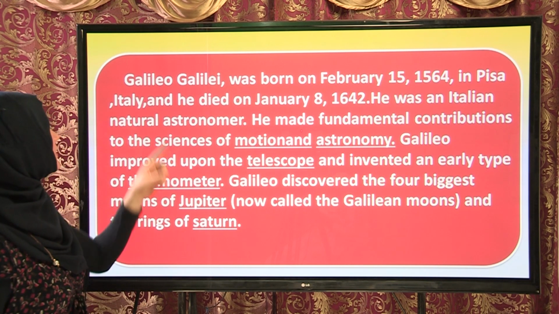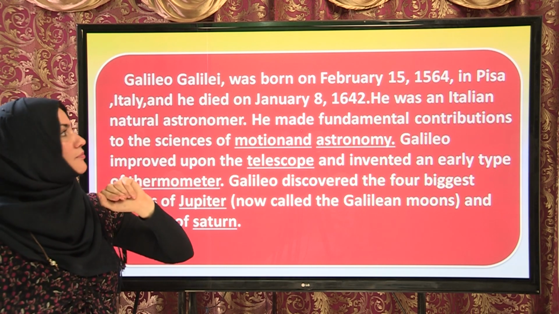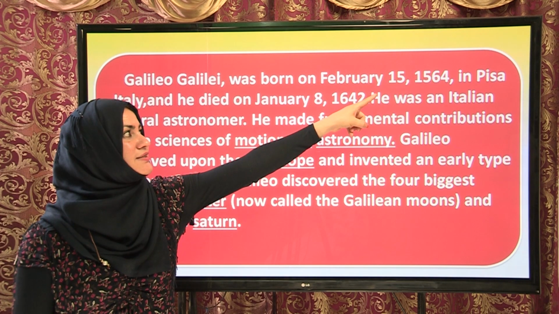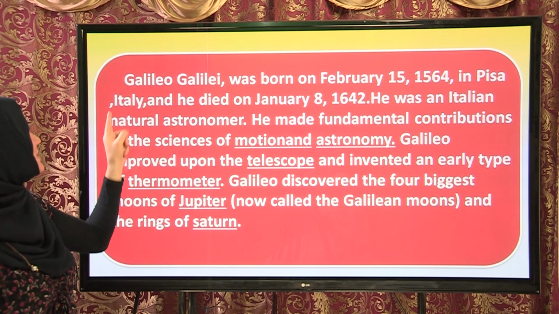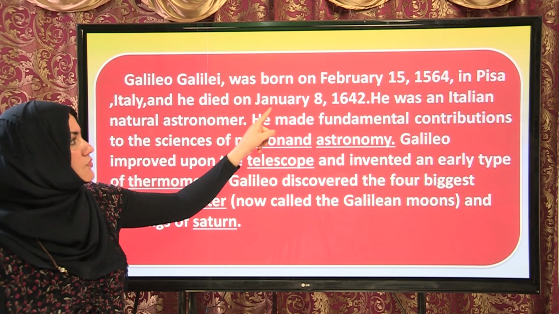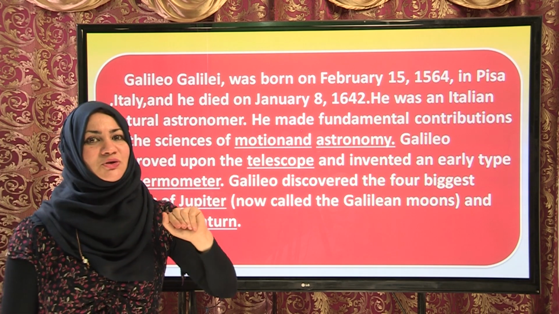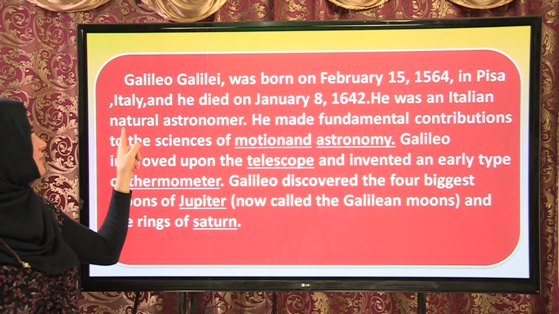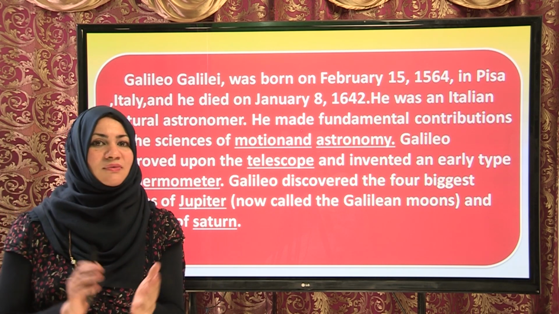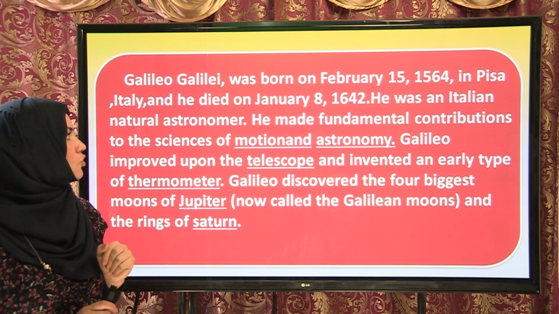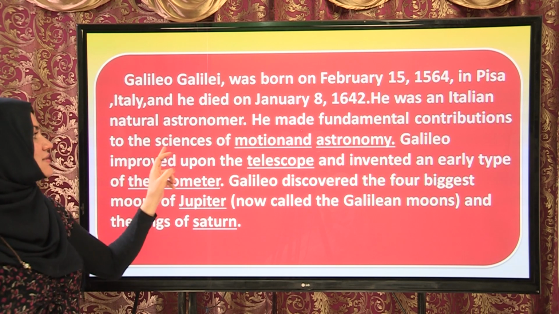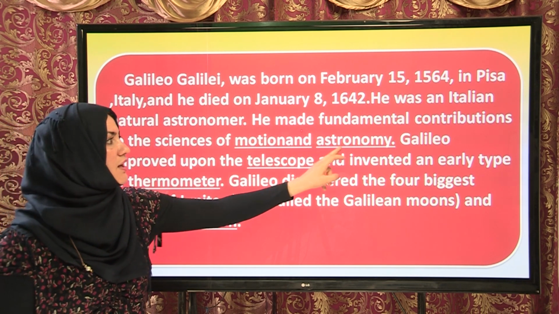We read, follow me. Galileo Galilei was born on February 15, 1564 in Pisa, Italy, and he died on January 8, 1642. He was an Italian natural astronomer. He works in space. He made fundamental contributions to the science of motion and astronomy.